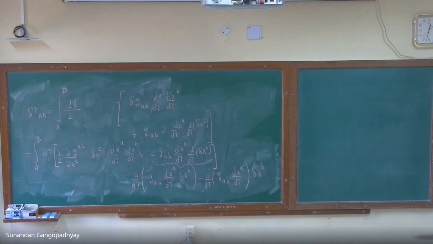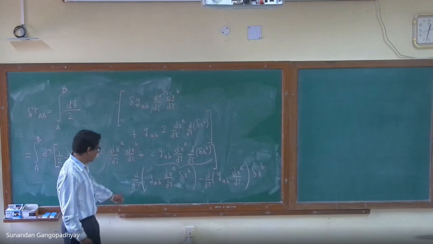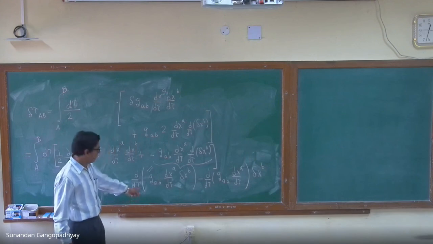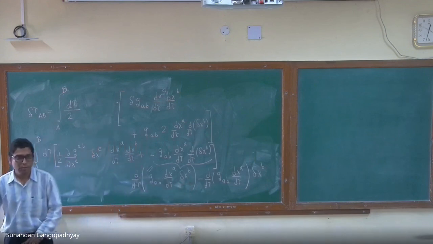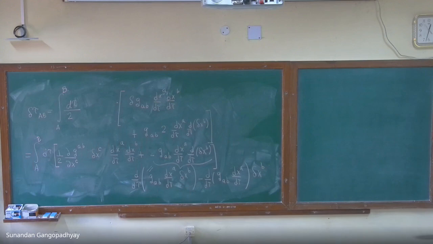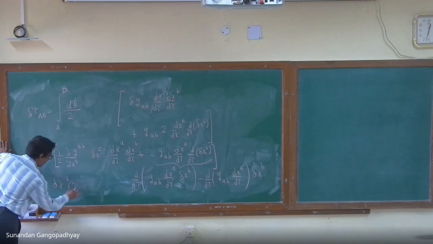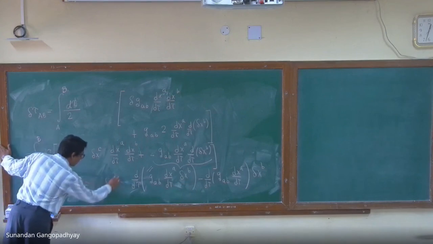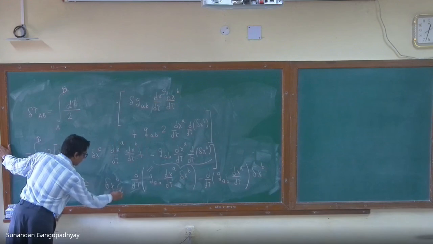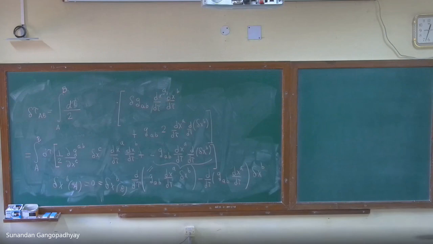So I'll get two terms from there, and the first term, if you integrate over tau, is a total derivative. Just demand that delta XB at the endpoints are the same, or fixed, so that it is 0. So what you have to demand is delta XB at A is equal to delta XB at B. So the endpoints are fixed.